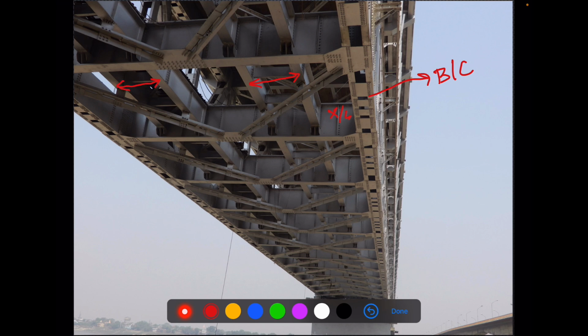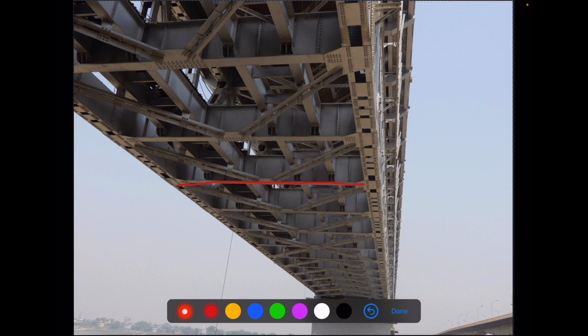Now, apart from this, what else is visible is we have bottom lateral bracings. The bottom lateral bracings are K type over here, as you can see. This is K type, right?